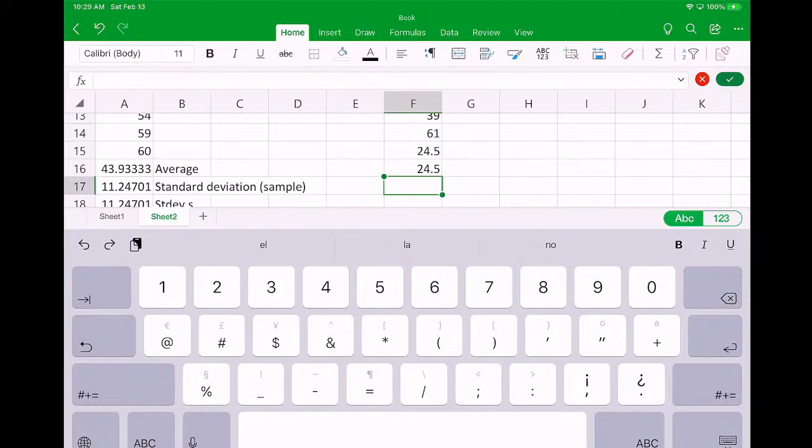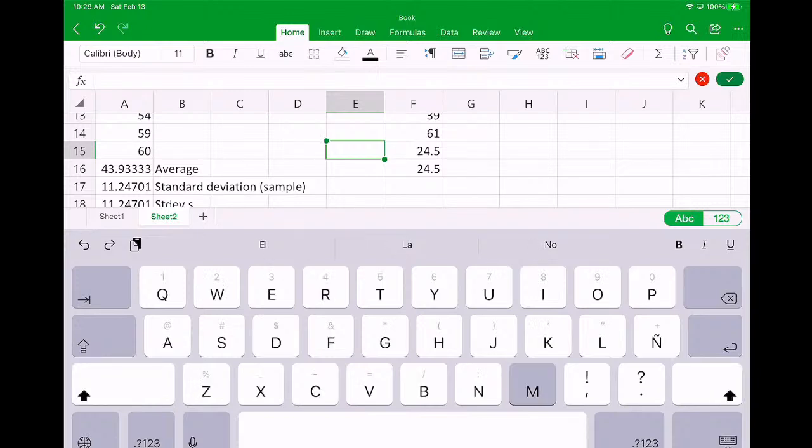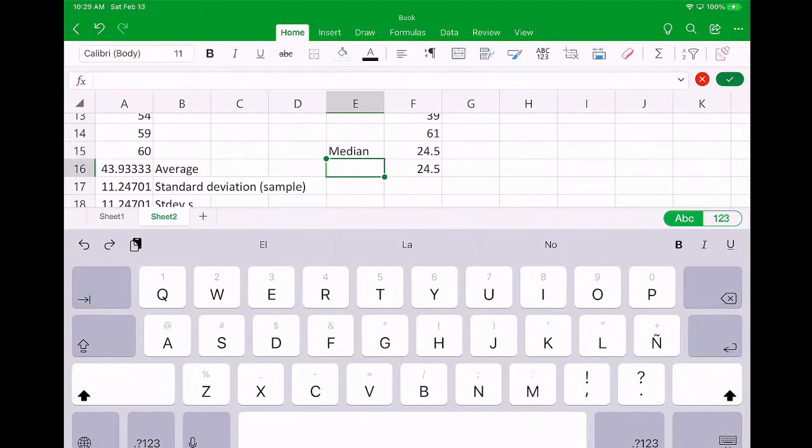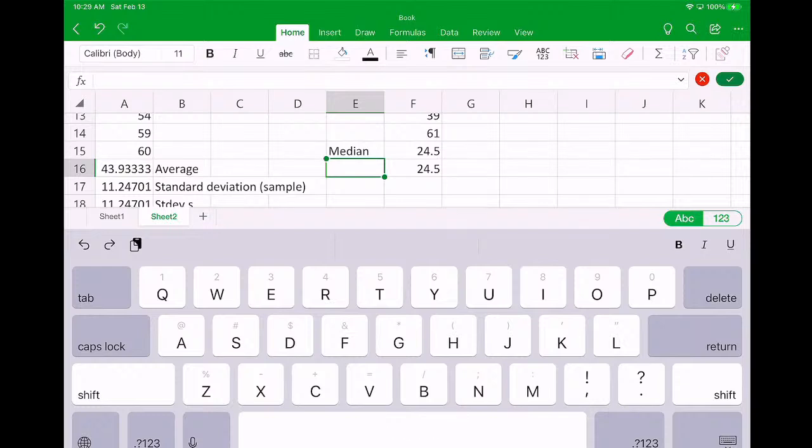So now let's do quartiles. So the first quartile that I got, my method was 14, right? Let's get the first quartile. So this is the median. This is the 50th percentile.